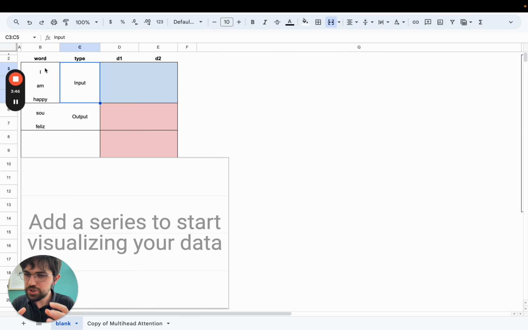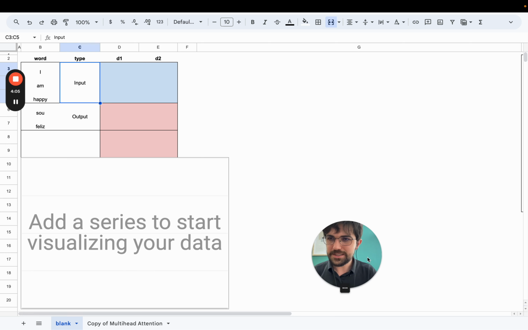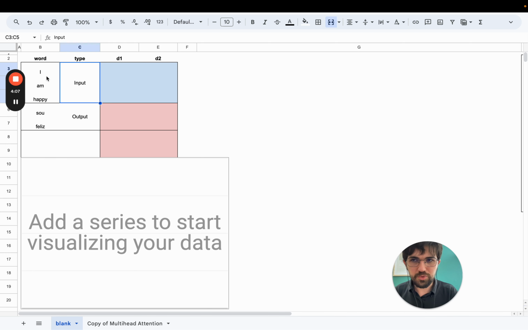Usually this vector representation is grouped by the semantics of the words. The more similar the words are, the nearer to each other they will be placed in the embedding space. For this example, the words I and am are more similar than the word happy.